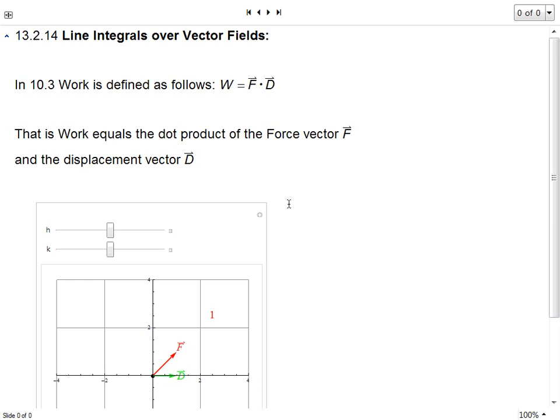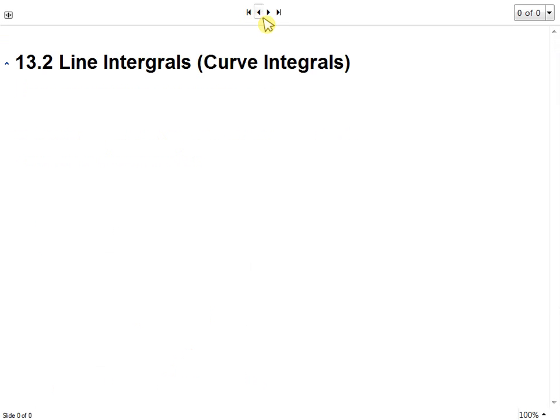Now we get to something more interesting. Line integrals over vector fields. Okay, what we've been doing are line integrals over what? What have we been doing line integrals of? Let's see, go back here.